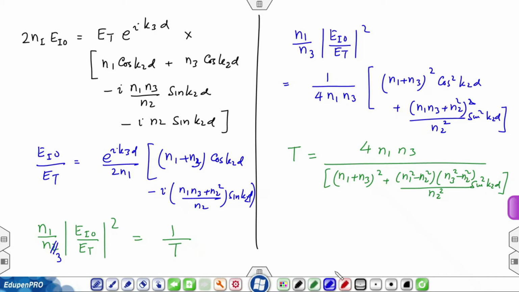Now, I am going to go over to problem 7.2b in Jackson using this expression.